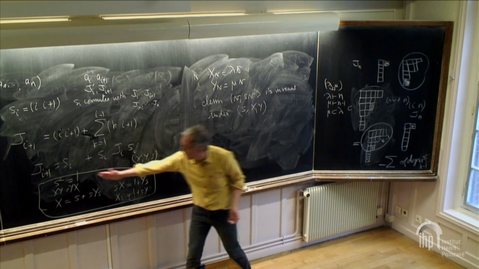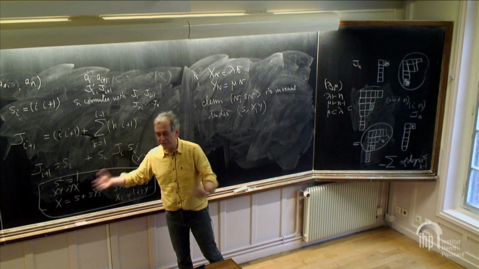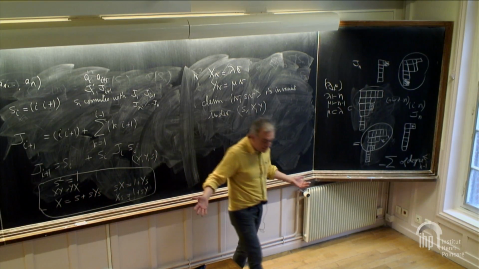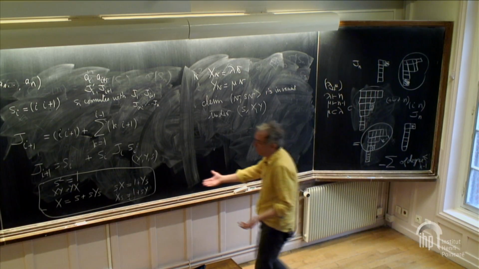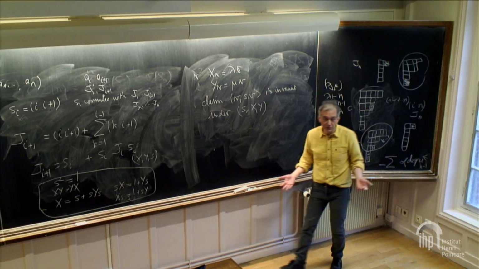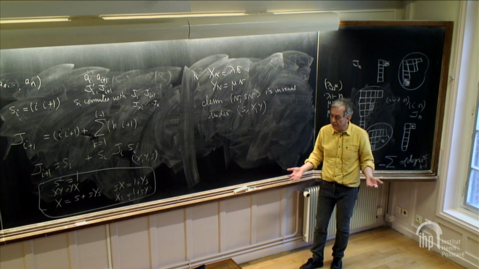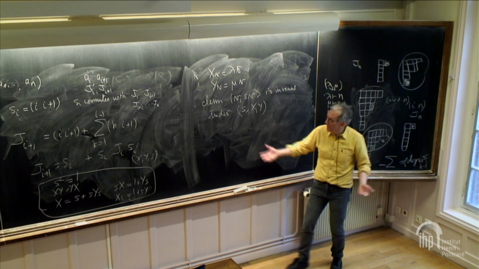I have a triple of operators which satisfy this. Okay? If I assume also they are self-adjoint. Okay? So if I look at any representation, any triple of operators which satisfy this relation, I can find a common eigenvector to X and Y because they commute. Okay? And that's all I say.